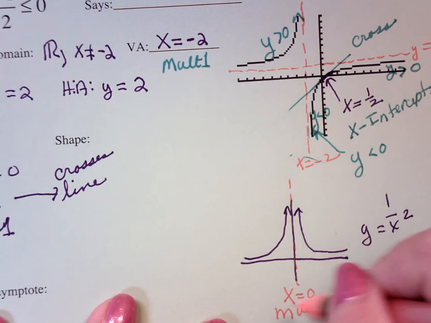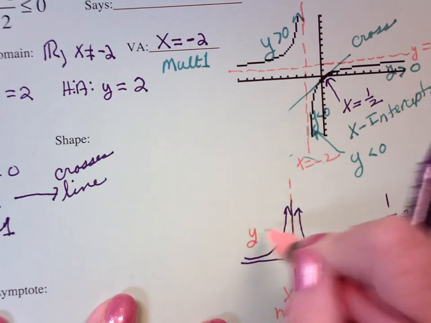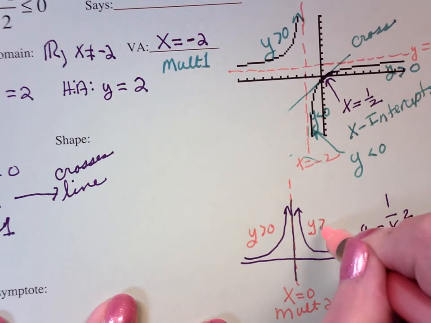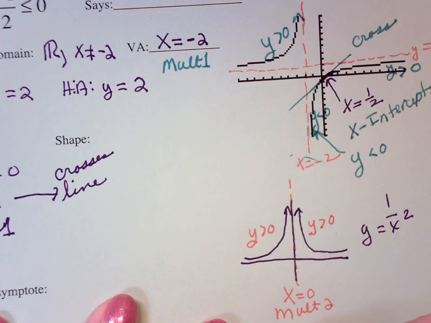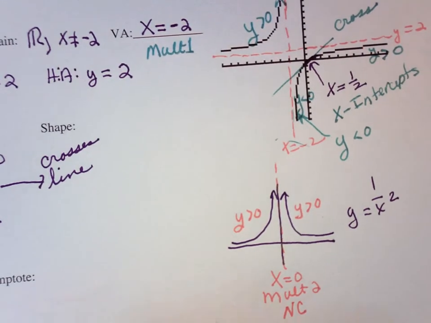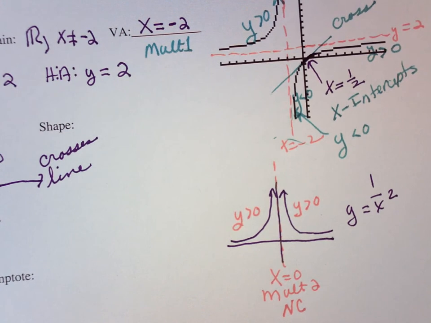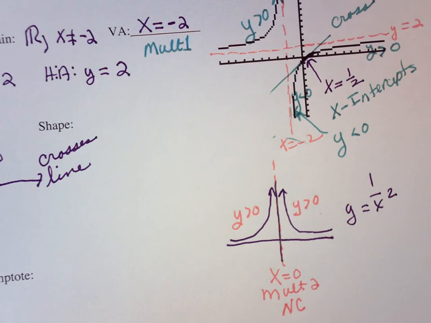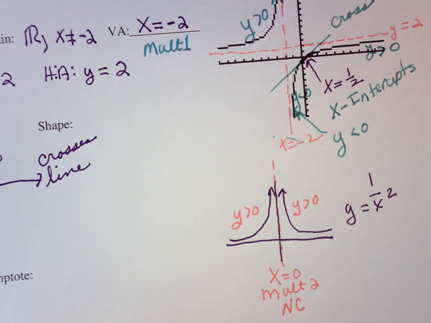And on the left-hand side, y is positive, and on the right-hand side, y is also positive. So multiplicity 2 of a VA, there's no change. So the VAs can be considered to be critical numbers as well.